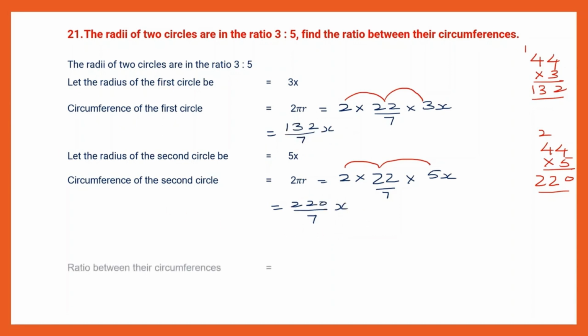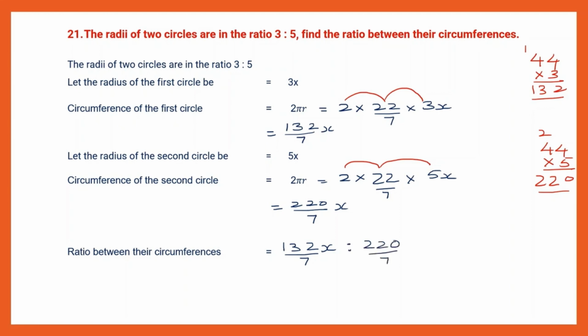So now let's continue to find the ratio between their circumferences. So the first circle, the circumference is 132 by 7x and that is to second circumference 220 by 7x. So ratio is also division, as you know.